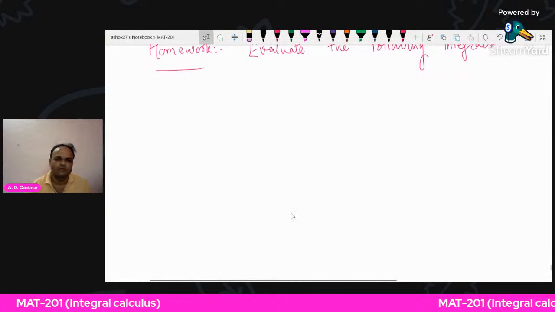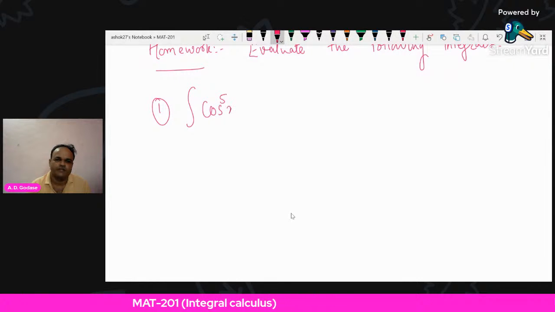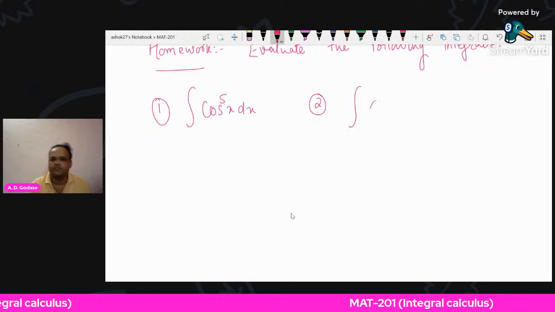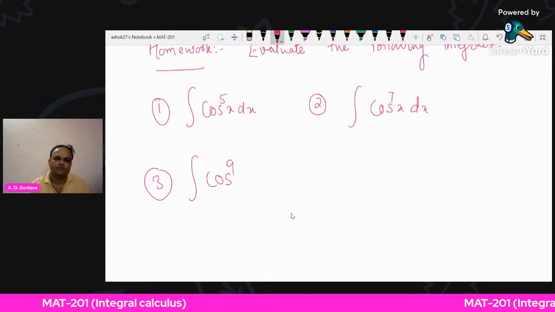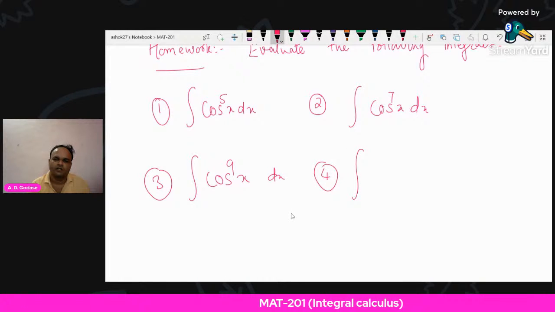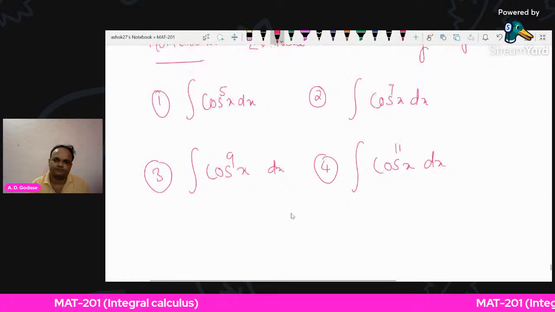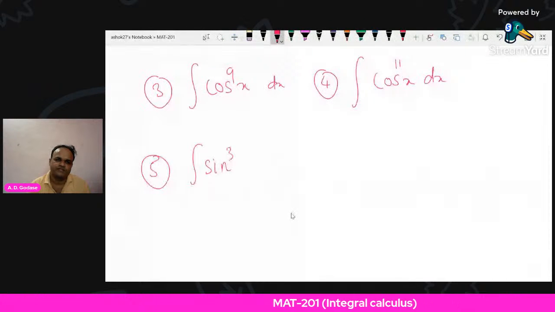First, the integration of cos raised to 5x dx. Second, the integration of cos raised to 7x dx. Third, the integration of cos raised to 9x dx. Fourth, the integration of cos raised to 11x dx. Fifth, the integration of sine cube x.